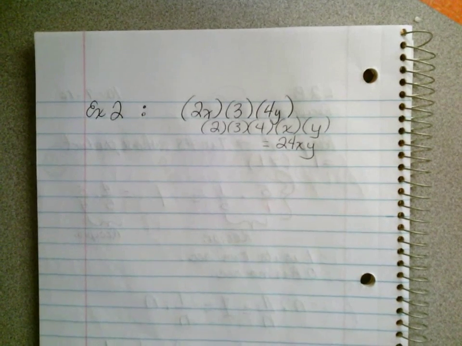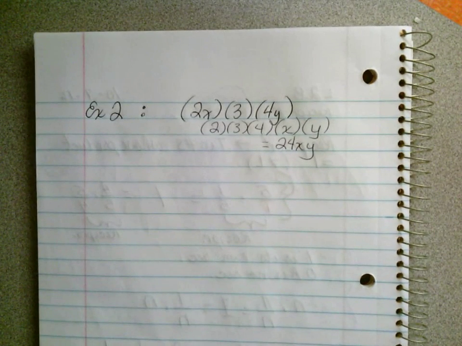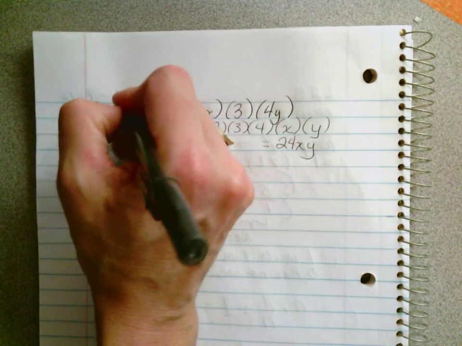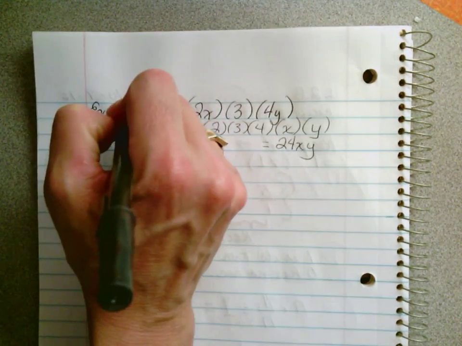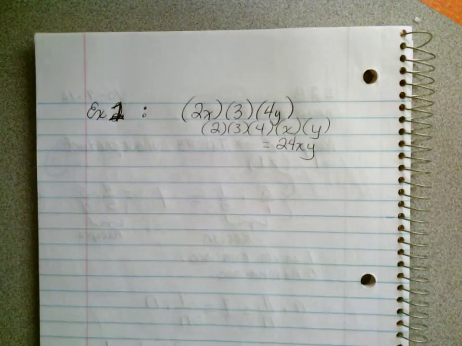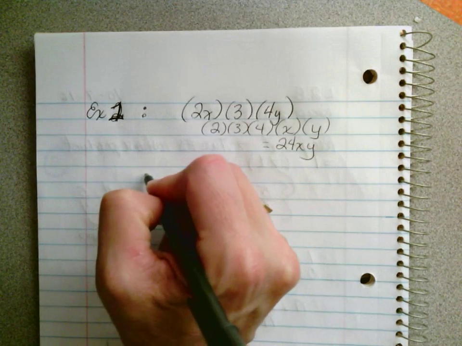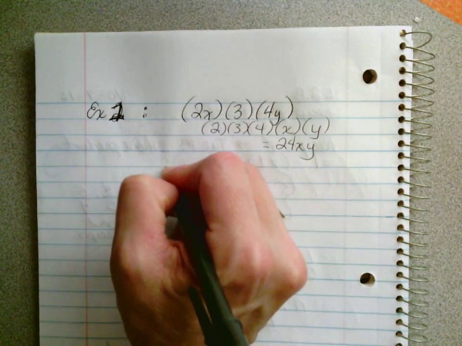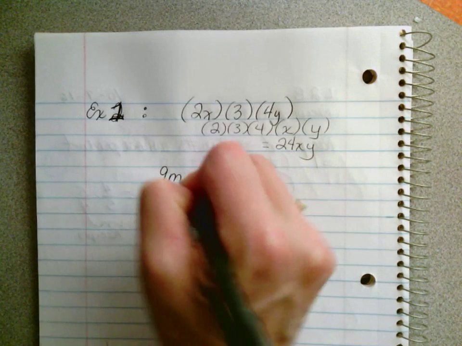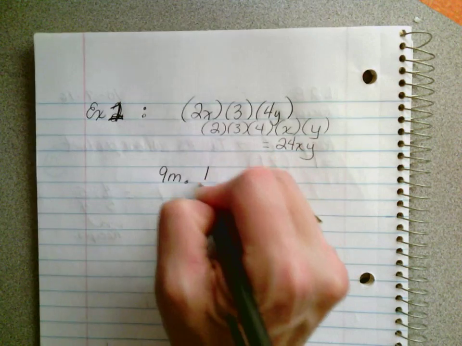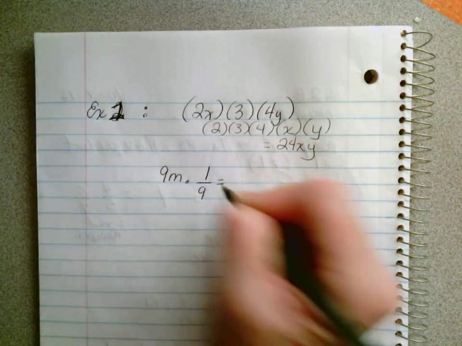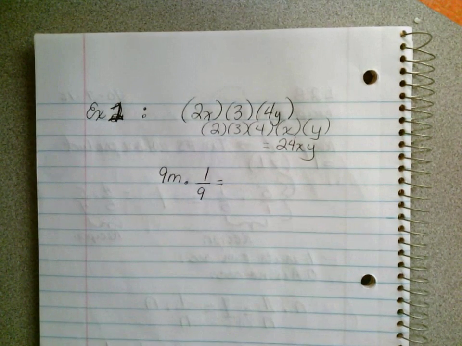Okay, the reason I'm leading you into that is, actually this technically is not example 2. This is still part of example 1. Sorry about that. Because what I have for you is a number and a letter multiplied by what appears to be the reciprocal of the coefficient of that variable.